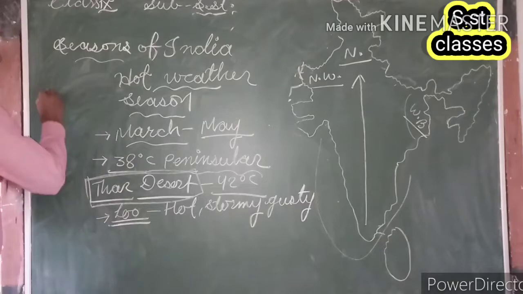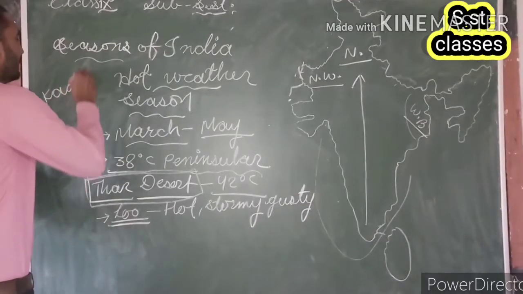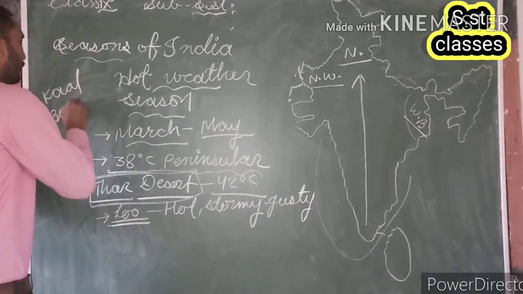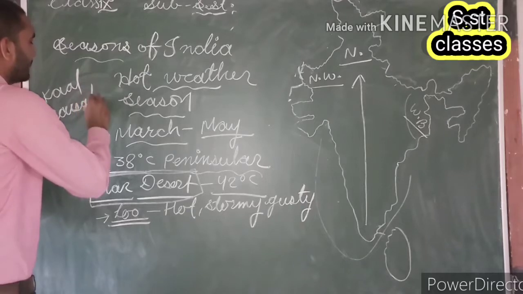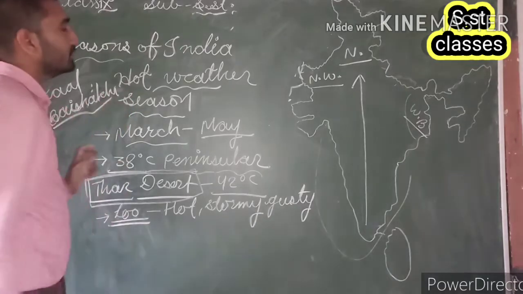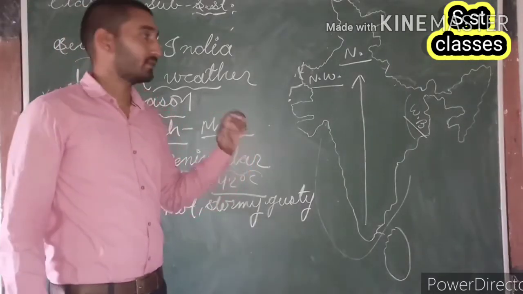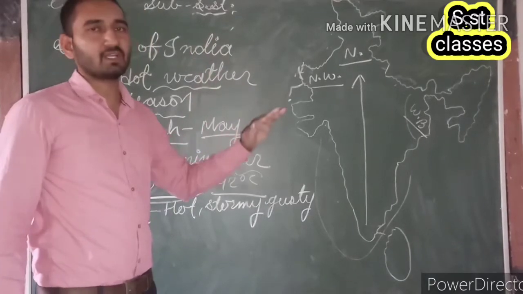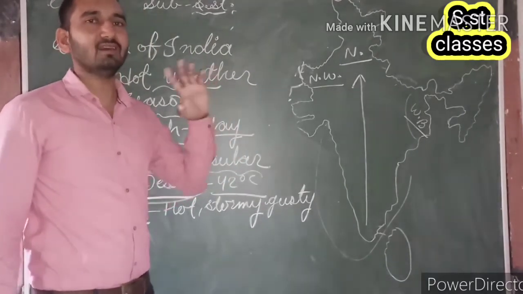So what do we actually mean by Kal Baisakhi? Kal Baisakhi means the thunderstorms that take place in West Bengal during the hot weather season.